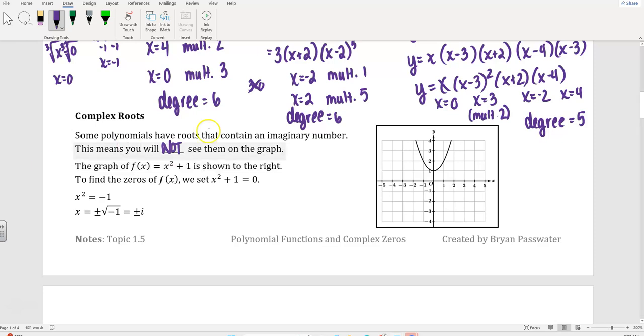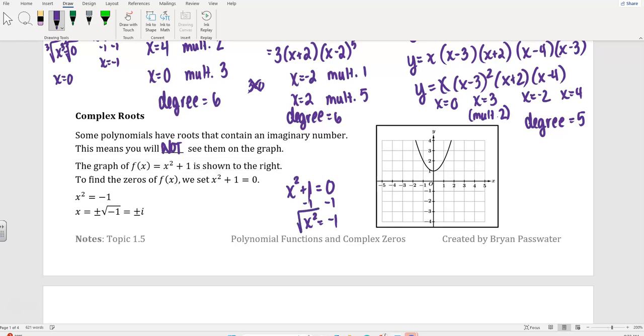So, if we want to find the zeros of x squared plus 1, we can take that function and set it equal to 0. This is not a hard equation to solve, but you run into a problem. I could subtract 1, x squared equals negative 1.